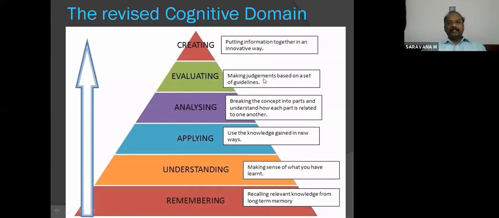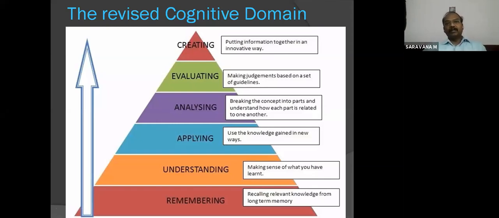And evaluating is judgment based on a set of guidelines, and creating is putting information together in an innovative way. So finally, creativity. We are giving the trainees or learners the chance to use their own thinking capacity or creativity. They can try to make new things.